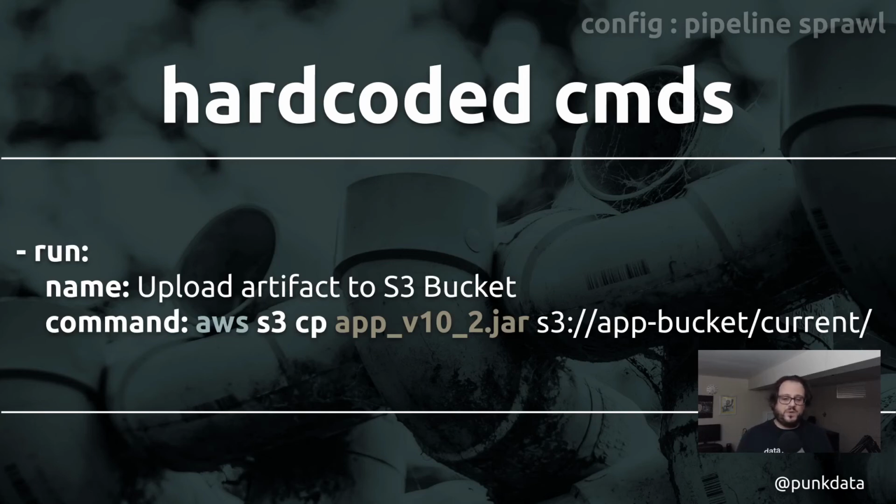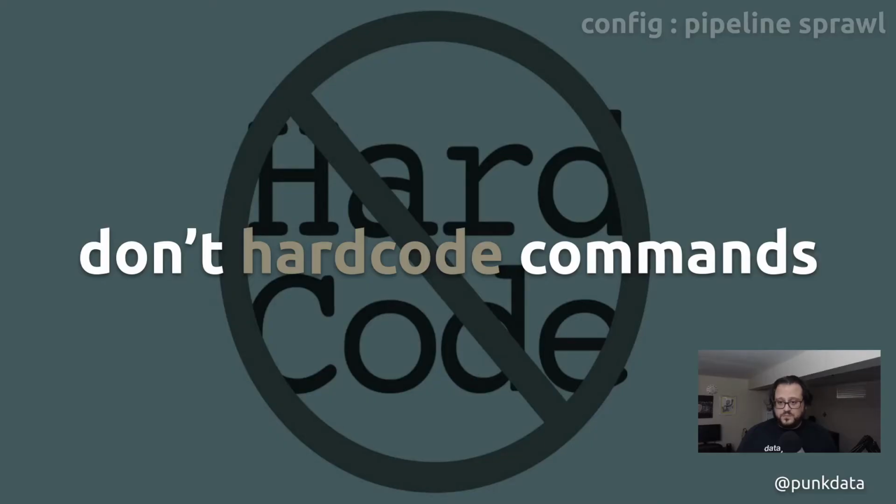This is a good example of a config file that's hard-coded in CircleCI. And if you look down into the command key there, what you're going to see is basically a simple S3 upload. And as you can see, right, that app version 10_2 jar is a hard-coded value.